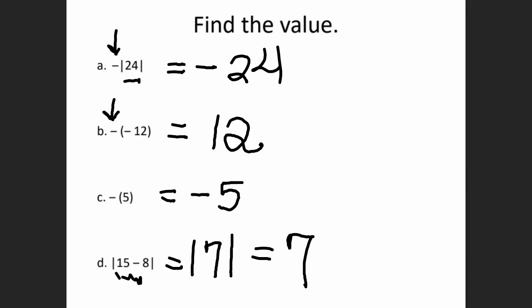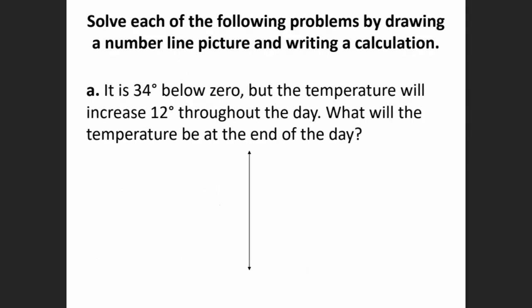Now, we're going to talk about some story problems, and they all deal with language and situations. These situations are going to define whether the number is positive or whether the number is negative. Now, this says solve each of the following problems by drawing a number line and writing the calculations.